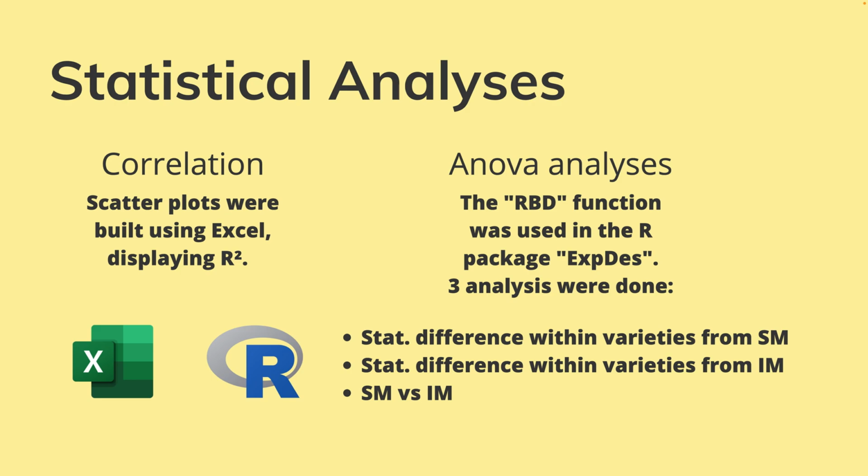And the last one was to see if there was a statistical difference comparing the yields from varieties in center management versus the same varieties in intensive management. So what we did was we got the difference in the yields from intensive management minus the yields from center management, and we analyzed if those differences were statistically significant. All right, moving on.